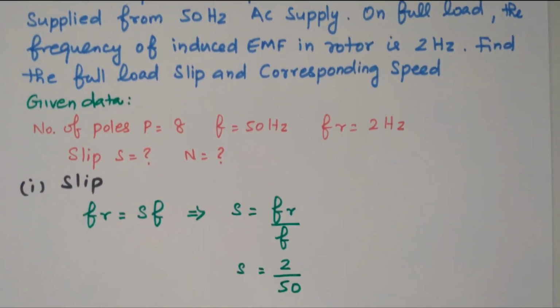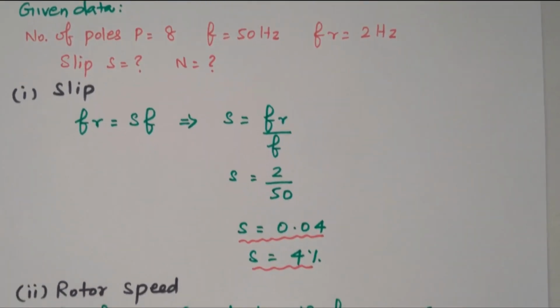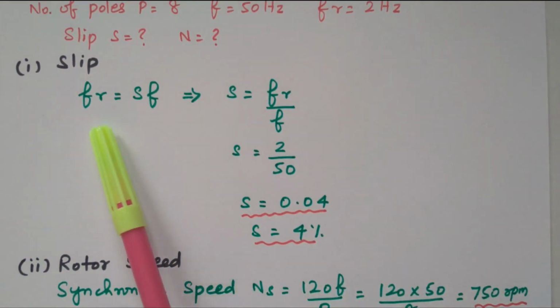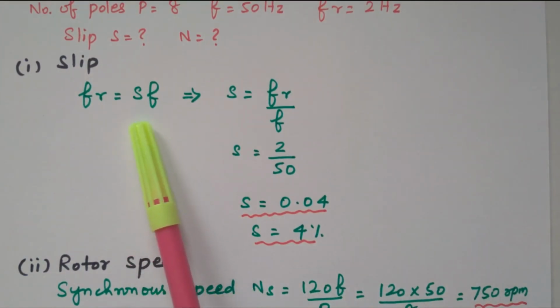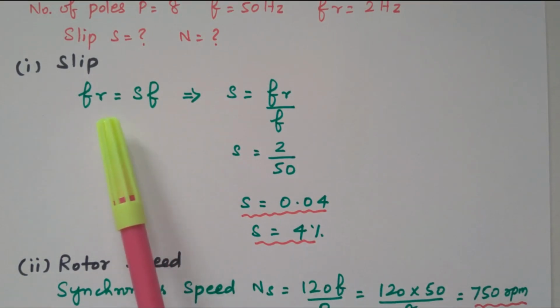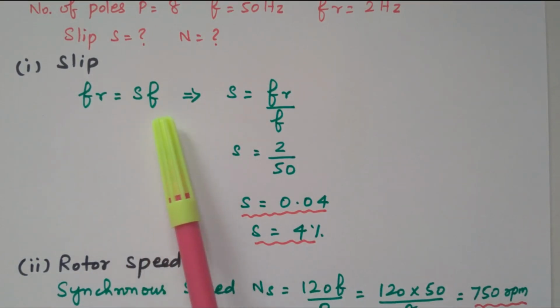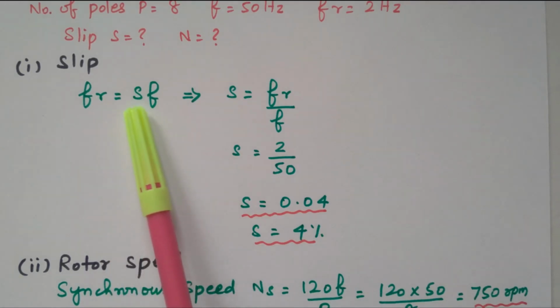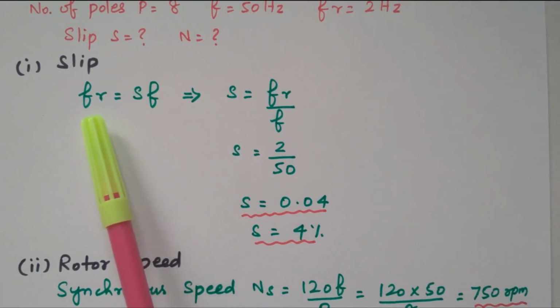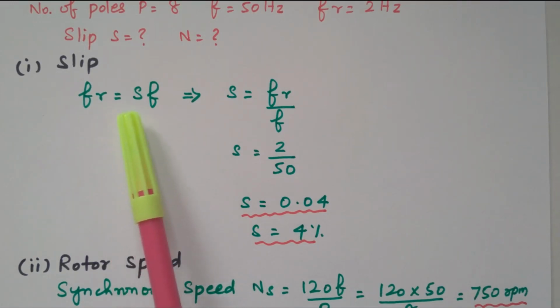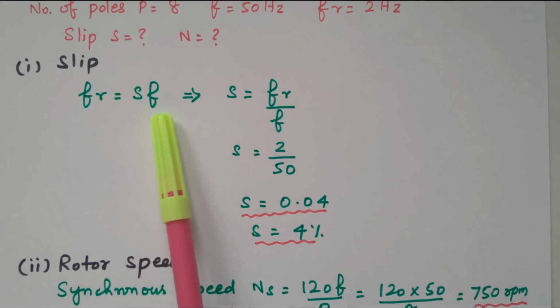First we will find the slip of the induction motor. We know that Fr equal to S into F, because we need to find the slip. The two data available are the rotor frequency and the supply frequency. So by using this formula we can easily calculate the slip. Fr, the frequency of the rotor, equals slip into supply frequency.